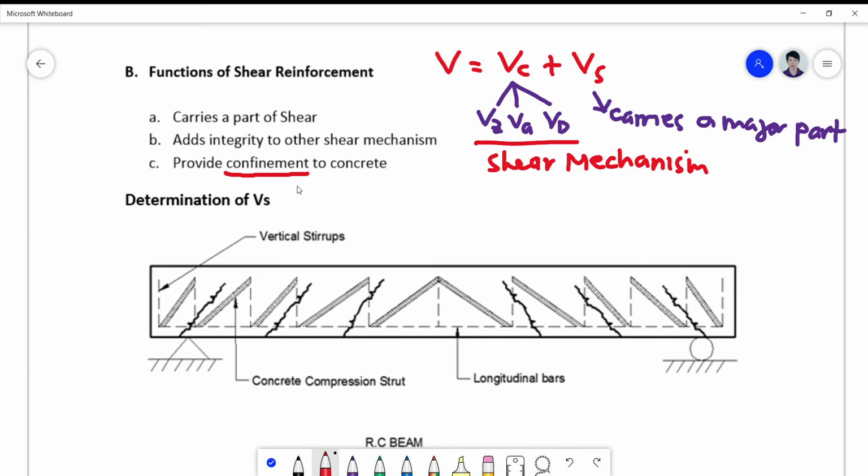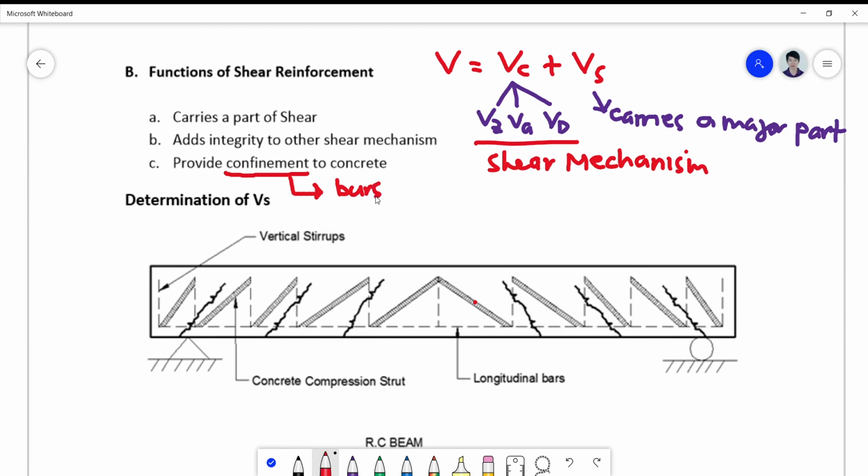When you say confinement, the concrete is enclosed with the stirrups and the longitudinal bars, so as to prevent the bursting of concrete.